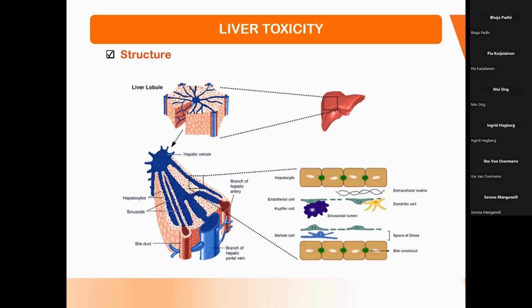I assume that most of you know what the liver looks like, but anyhow, this would be what you would see if you would look through a microscope at, in this case, human liver tissue. So have a look at what you see on the slide on the left-hand side.